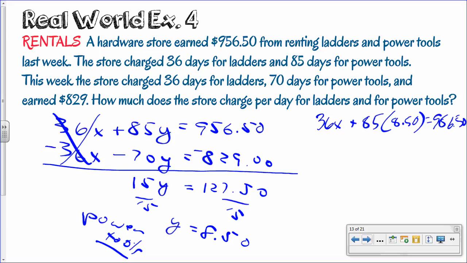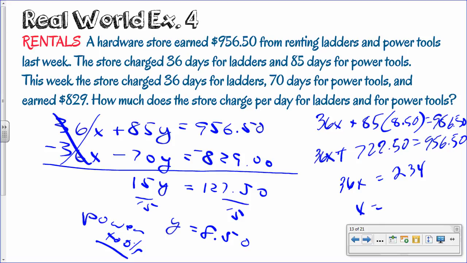That's 5. So 722. Okay, so 36x is gonna equal what? Minus 722. 234.